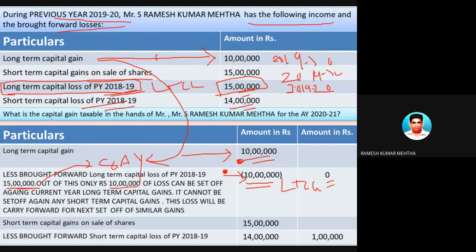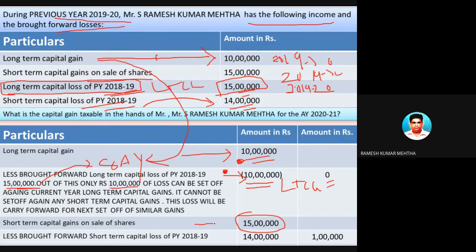Next one. Now the short-term capital gain on sale of shares is 15 lakh rupees. Against this, we can set off the previous year 2018-19 short-term capital loss of 14 lakh rupees by carrying forward the same amount and setting it off against the short-term capital gain of the current year.